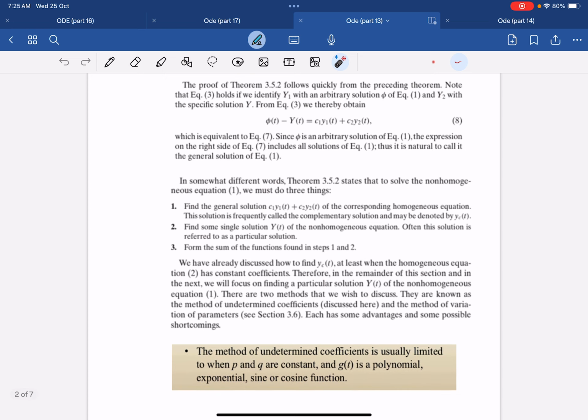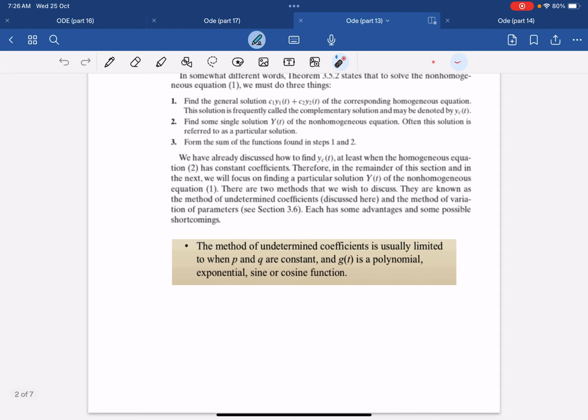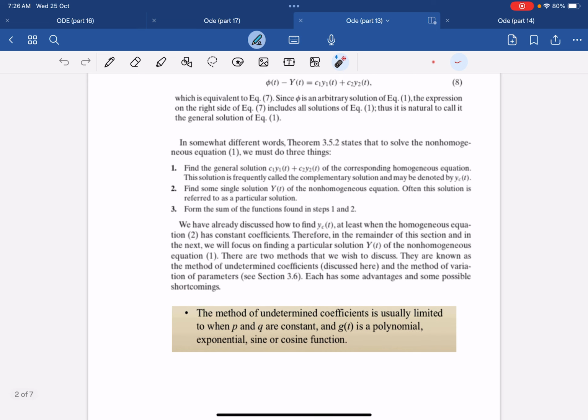Stated in words, you first find the general solution to the homogeneous equation, which is known as the complementary solution, and then you find some specific or particular solution, and then you just take the sum of the two. Therefore, what is important, and what we'll be looking at, is how to find this particular solution.